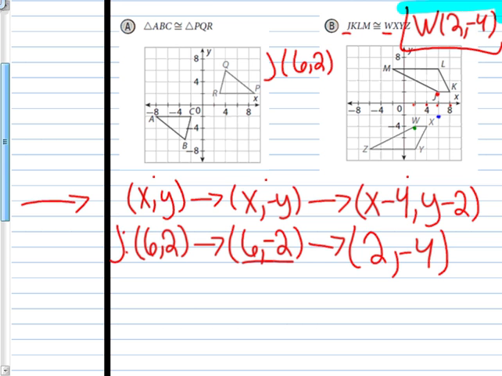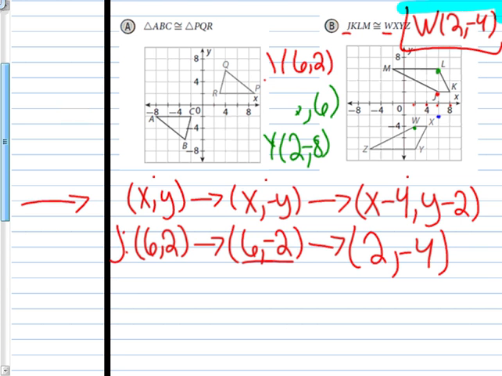And we're going to check it with a point. Let's just pick another point. We'll pick L because it's in the middle. So L is at point 6, 6, and its corresponding point would then be Y, which is at point 2, negative 8.